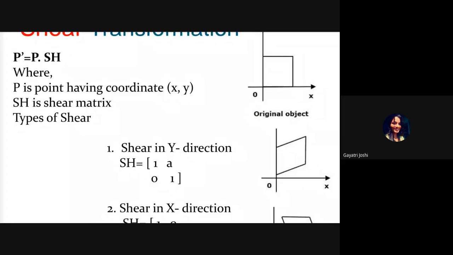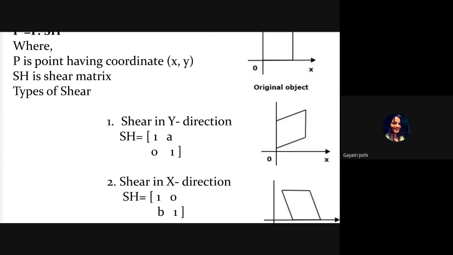Now shear in x direction is [1 A; 0 1]. Now what is A? Now shear in y direction: the y shear takes all the coordinates but shifts only the y values, and this causes the horizontal lines to slope up or down.